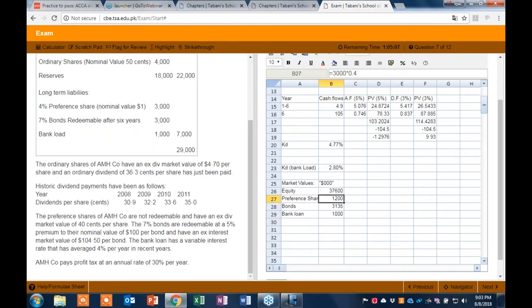Now we have to use these values to calculate the average cost of capital. So let's sum them together to find out the total value of capital. This is total capital, 42,935, of which 37,600 is equity.